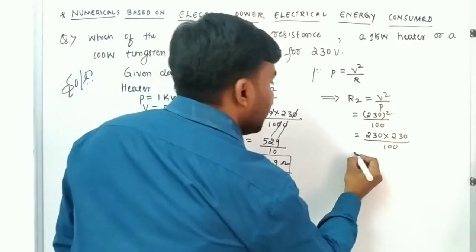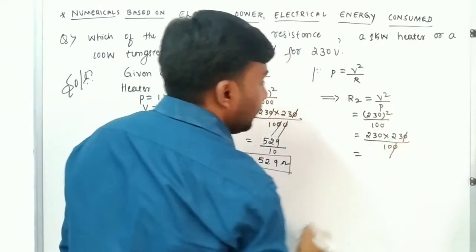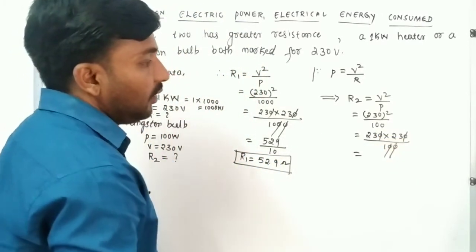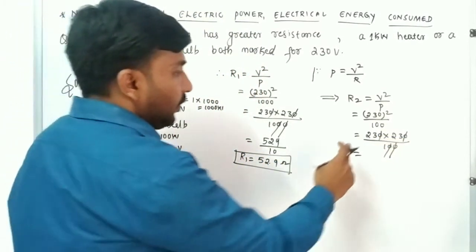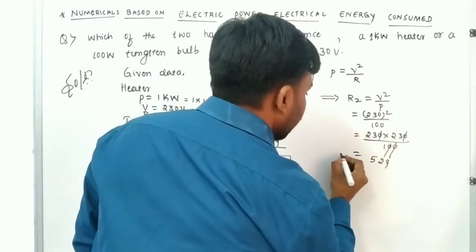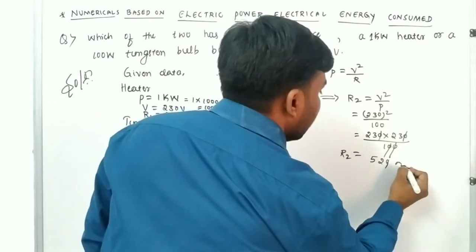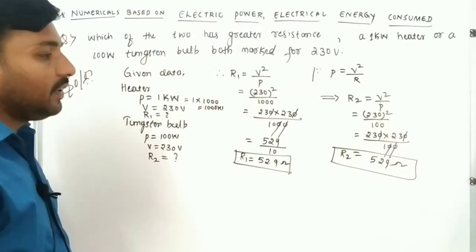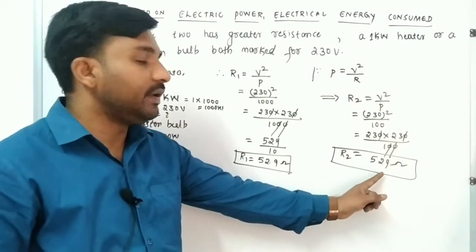Right. So the zeros cancel together. Now 23 into 23 is 529. So the resistance of the tungsten bulb is 529 ohm.